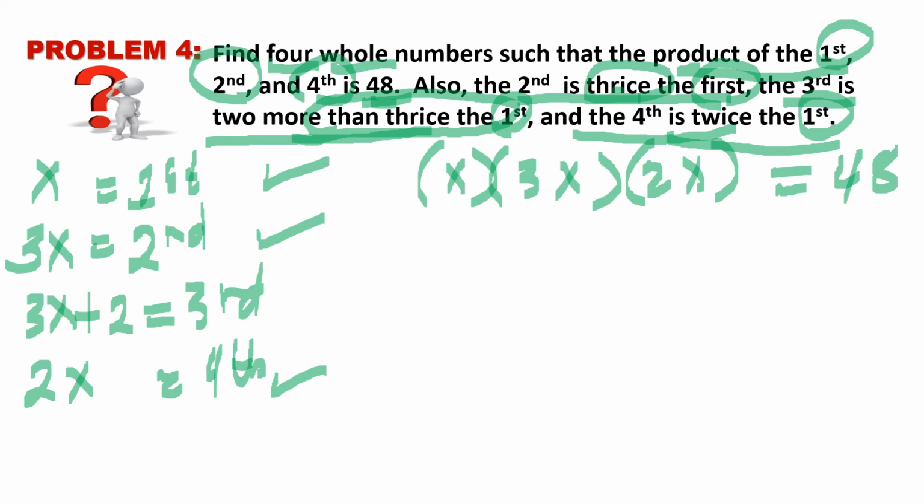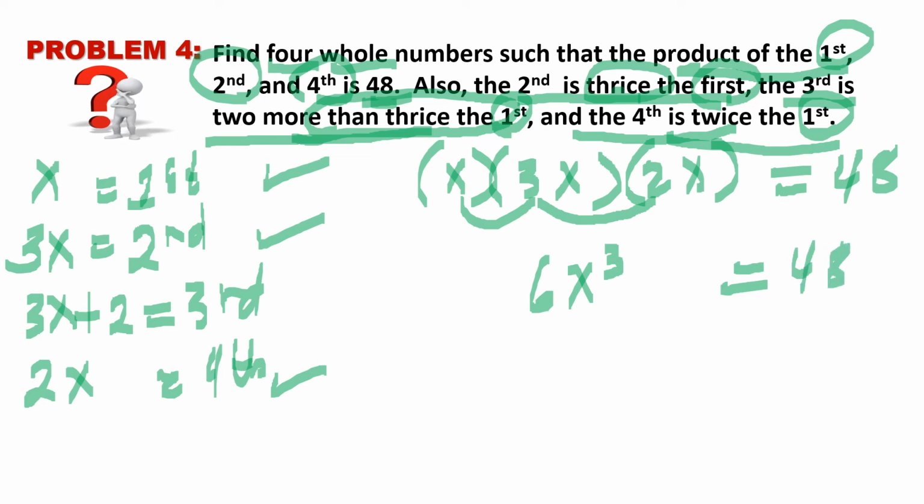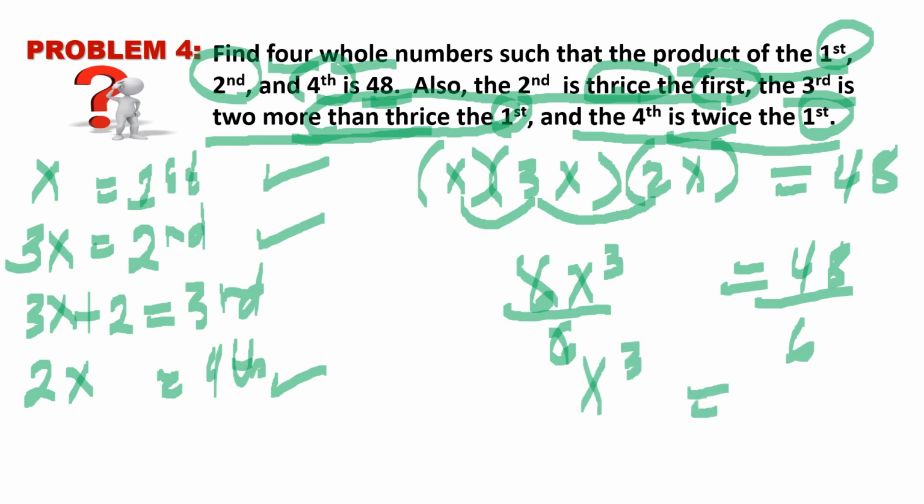No need for trial and error because we can get the value of x right away. x times 3x, 3x squared, times 2x will give us 6x cubed, equals 48. Divide both sides by 6. Cancel 6. x cubed is equal to 48 divided by 6, which is 8.